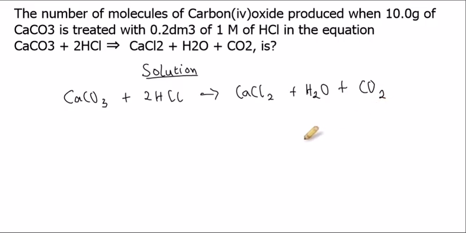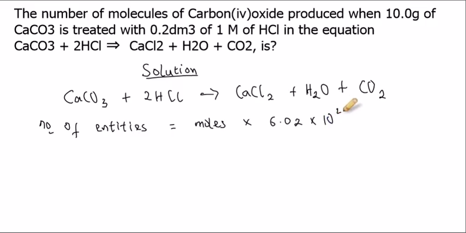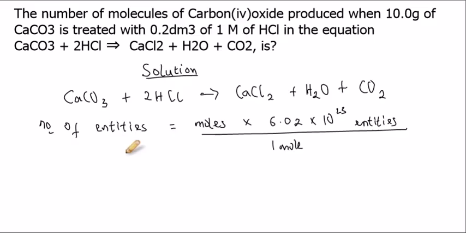To get that, we'll be using the formula that says the number of entities equals moles multiplied by Avogadro's constant, which is 6.02 times 10 raised to the power 23 entities divided by 1 mole. The entities could be atoms, molecules, particles, or ions.